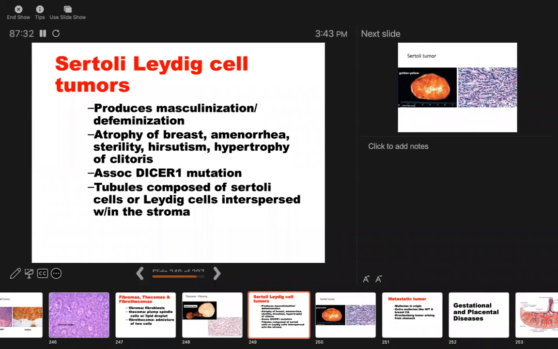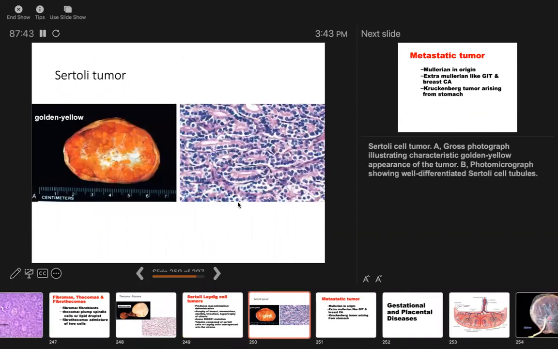The next on the list is your Sertoli-Leydig tumors. Sertoli-Leydig tumors are usually producing masculinization or defeminization. Characteristically, the tumor is often related to a mutation in what you call the DICER1 gene.